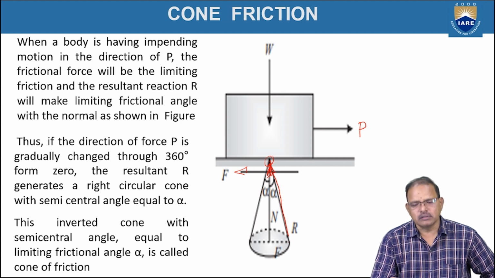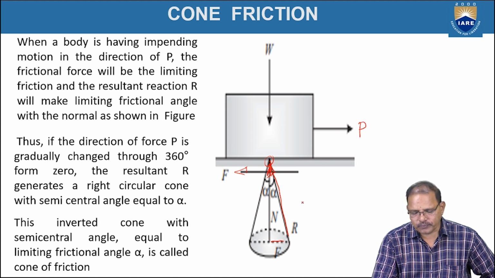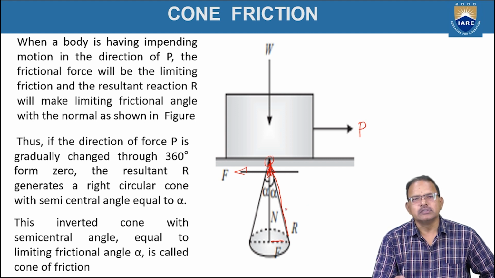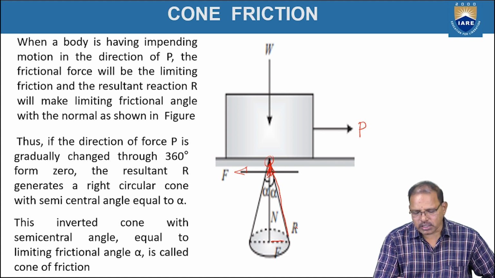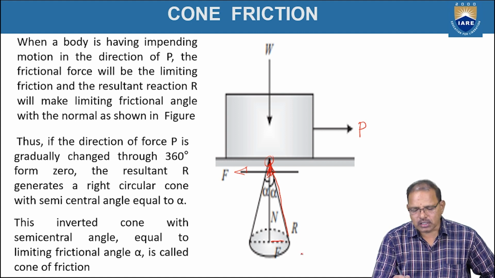The radius of the base of the cone is equal to the friction force, the height of the axis represents the normal reaction, and the length of the slant generated is equal to the resultant of friction force and normal reaction.